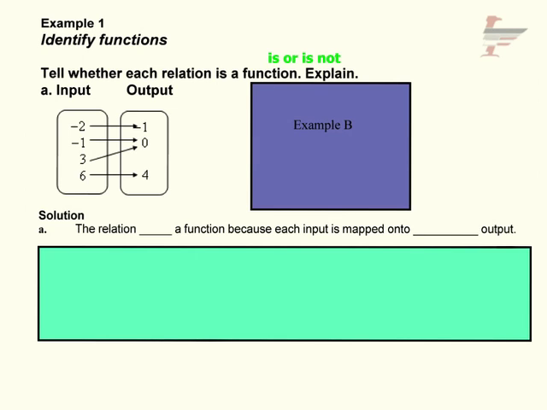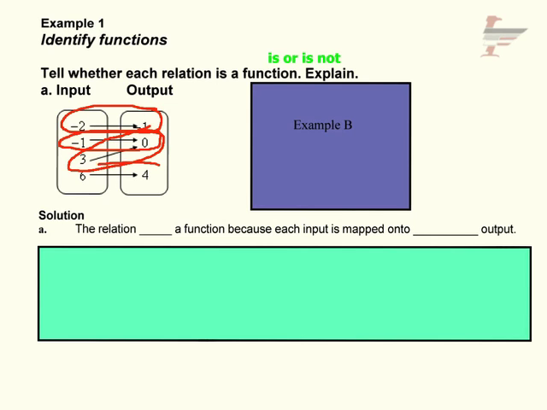If you are given a relation, how do you tell whether it is a function? You tell if every input has exactly one output. Here, -2 has exactly one output, which is -1. -1 has exactly one output, which is 0. 3 has exactly one output, which is 0.